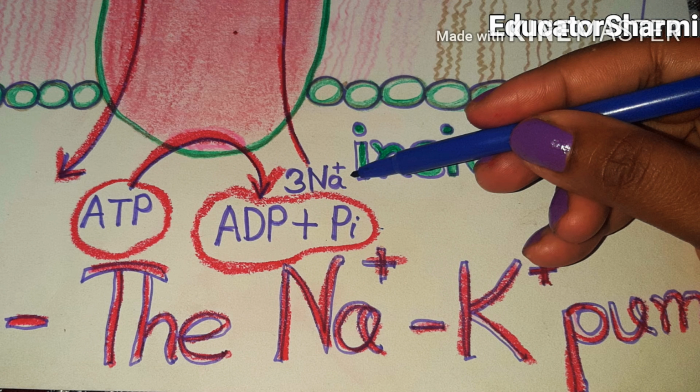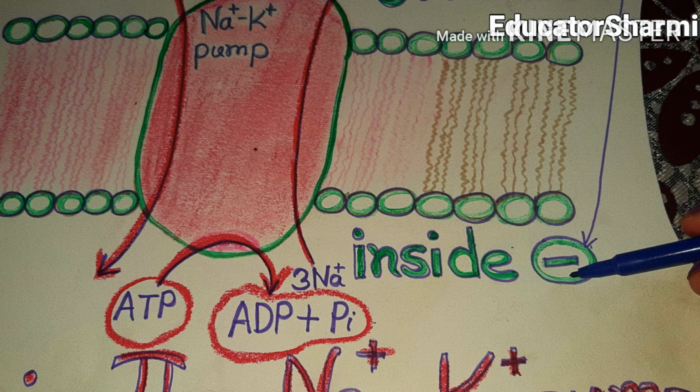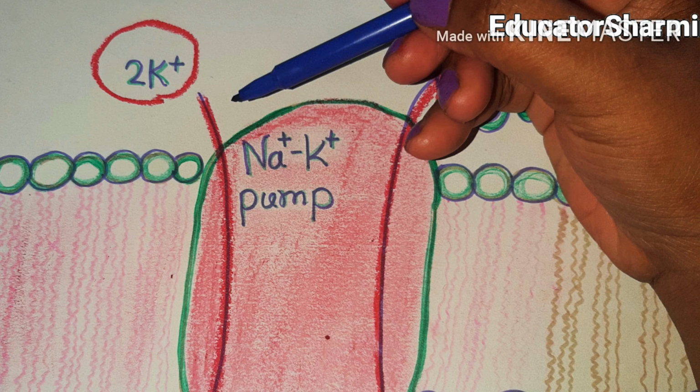That is, a potential difference is created across the membrane. Why? The role of the sodium and potassium pump is to pump 3 sodium ions out of the cell while at the same time allowing 2 potassium ions into the cell for each ATP molecule used.